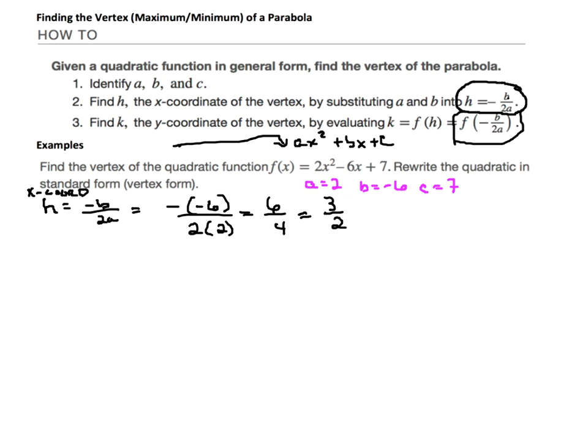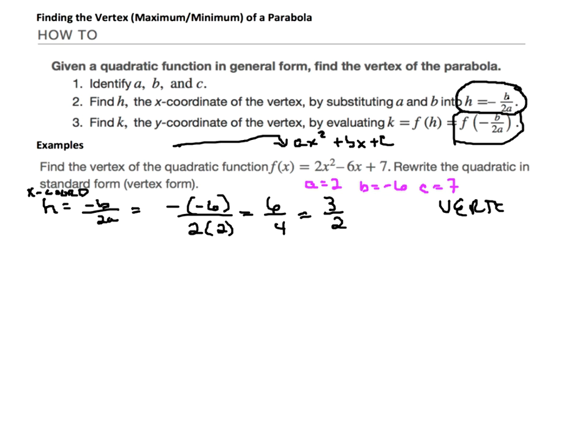And just leave it as 3/2 until you're done working with it. And I don't think WebAssign likes mixed numbers anyway. So just leave it as 3/2.